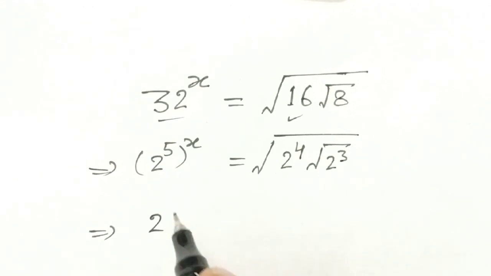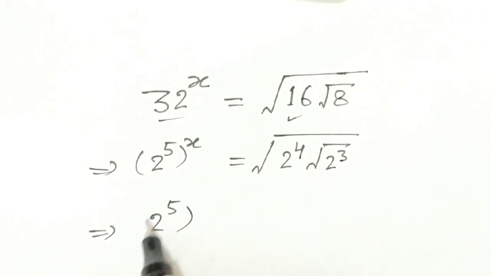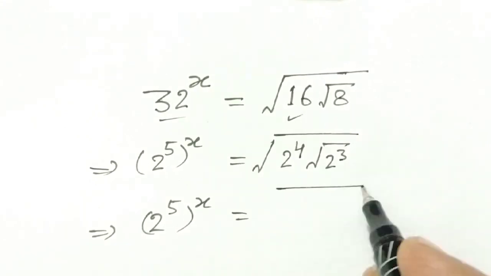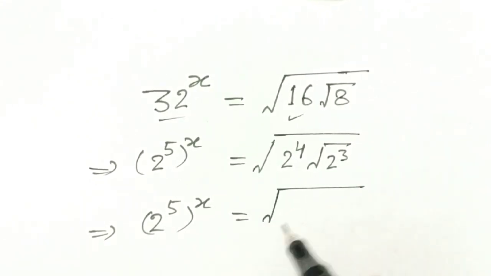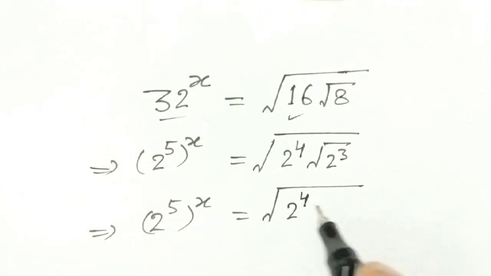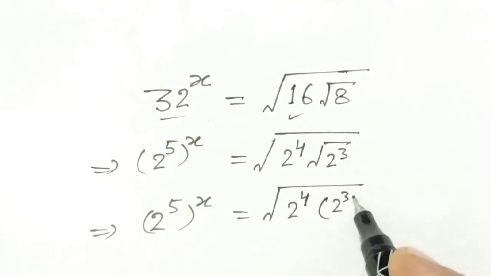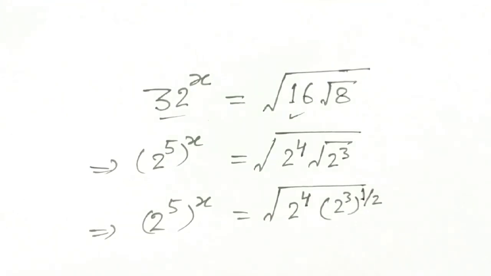So 2 to the power 5 to the power x is equal to square root of 2 to the power 4 into 2 cube, to the power half, right?